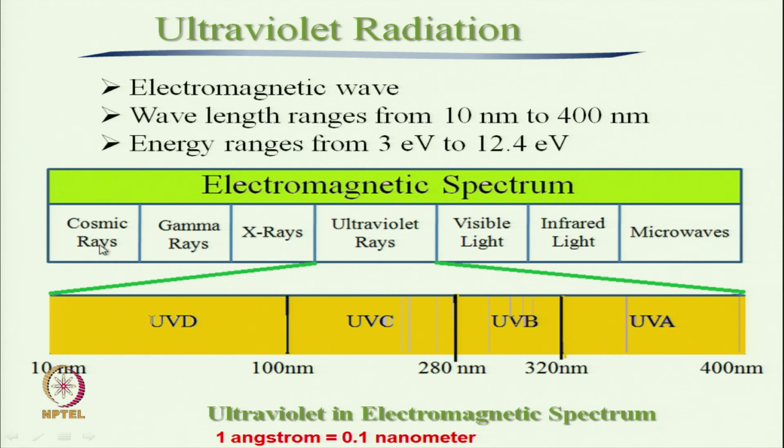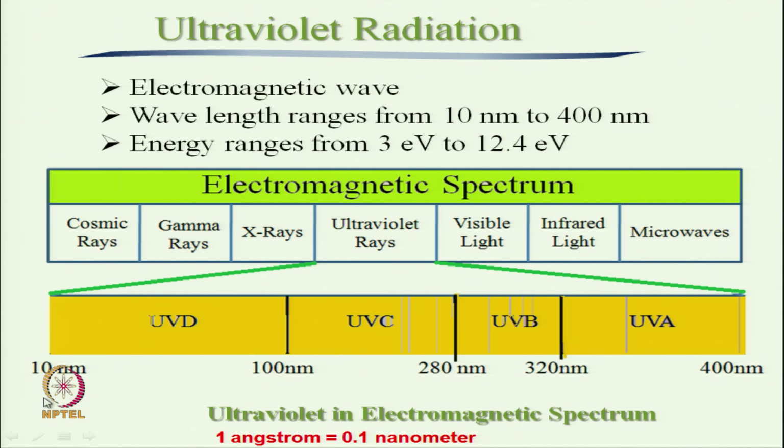So, first there will be cosmic ray, then gamma ray, X ray, UV ray, and above that visible light, infrared and microwave.